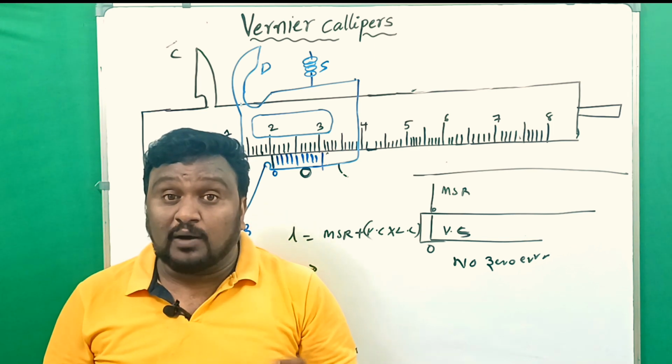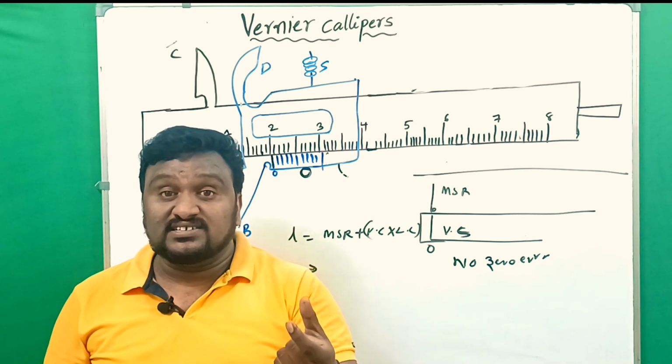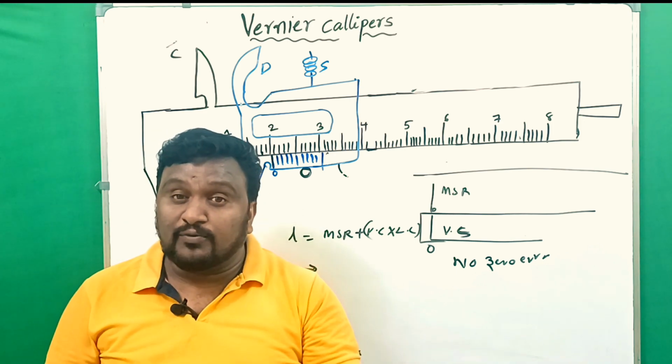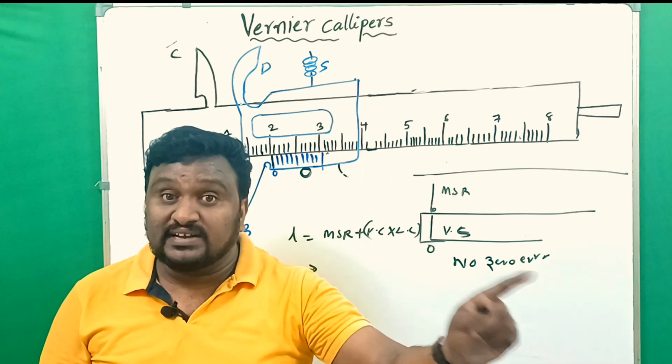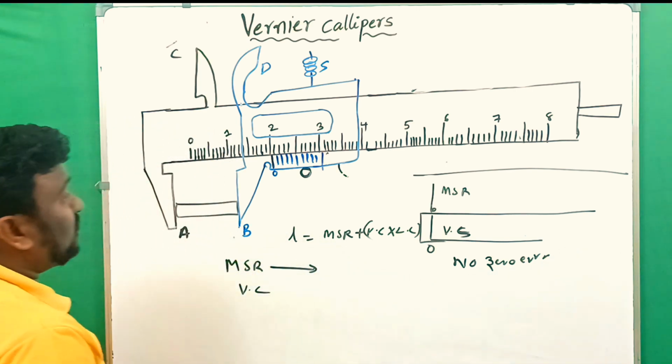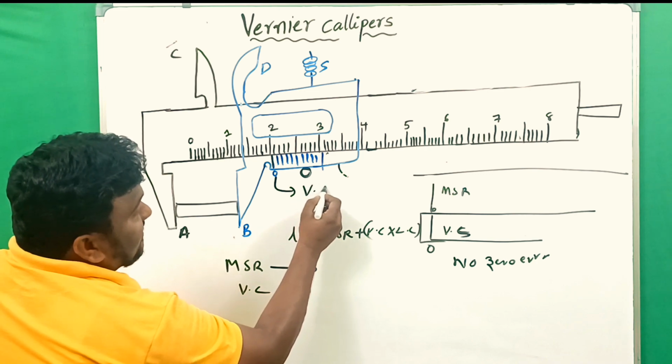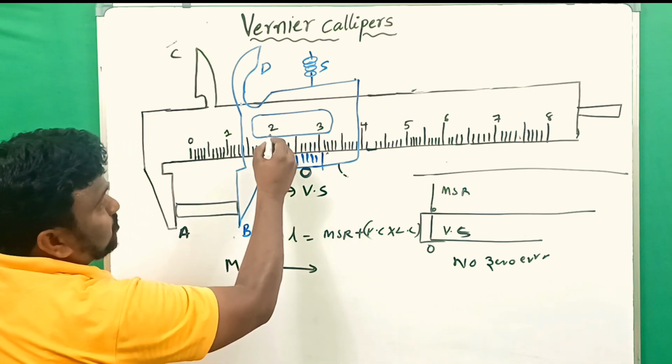Look here, for example, in this case, this is the zero of the vernier scale and now it is at 2.